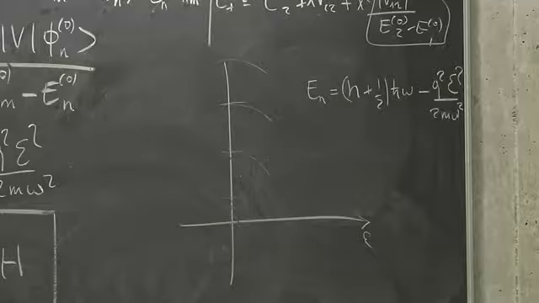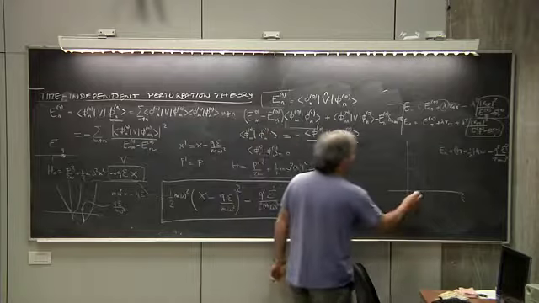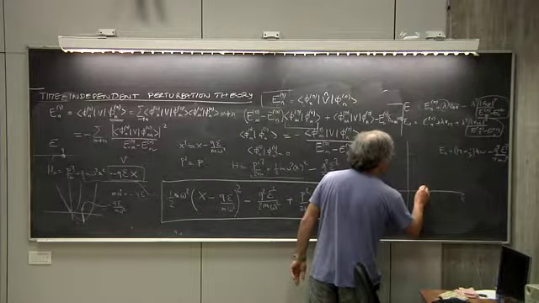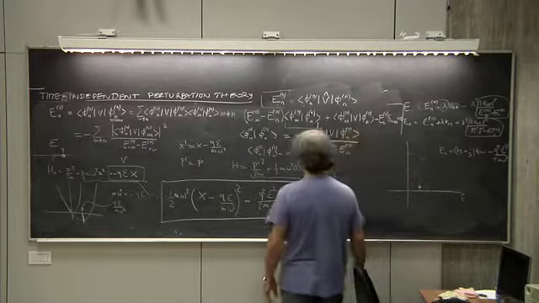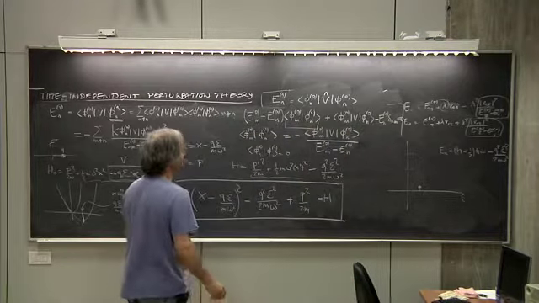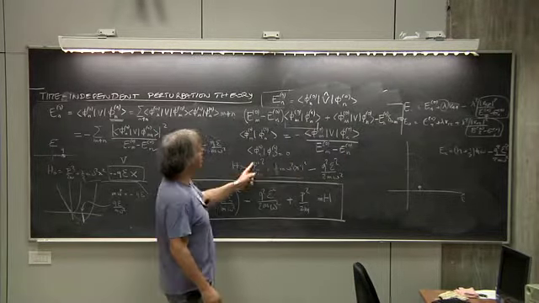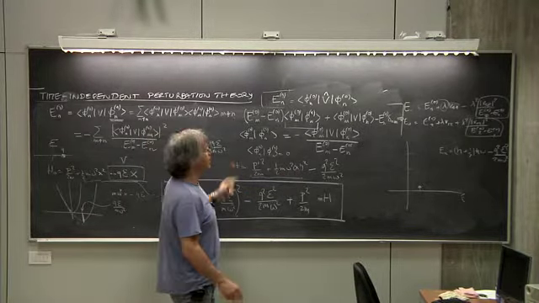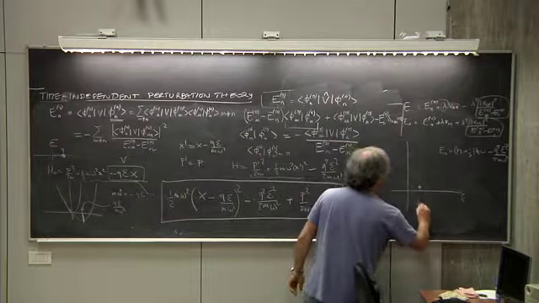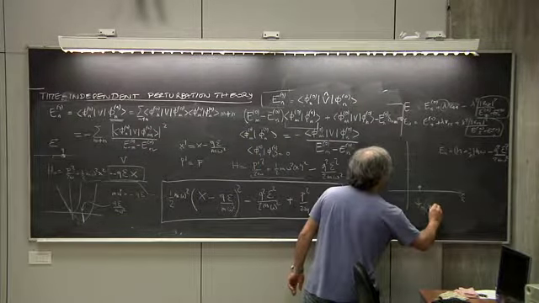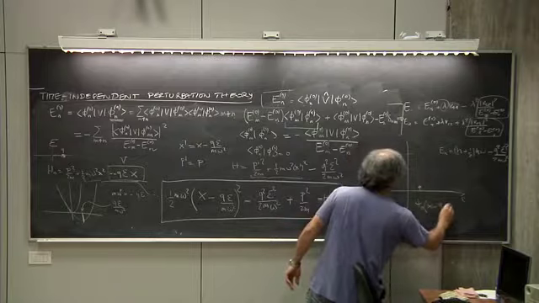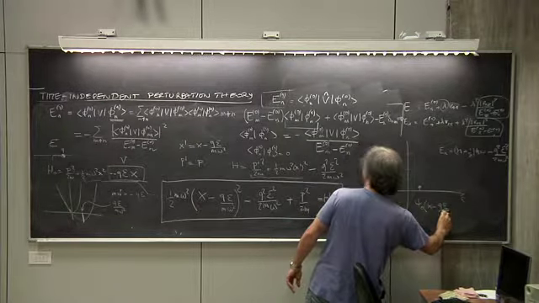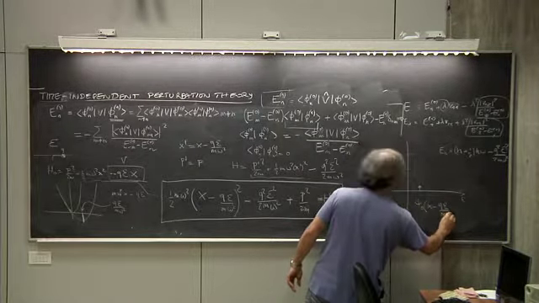If I ask you the eigenstates, however, for instance, what is the eigenstate associated to this problem at a certain electric field? Well, very simple. It's the eigenstate of the harmonic oscillator, however, in the variable x minus that. So what is it? It is psi 0 of x minus q epsilon over m omega square.